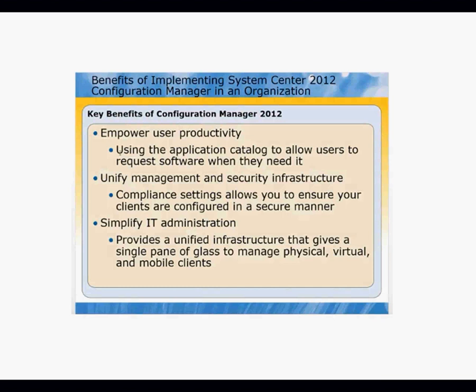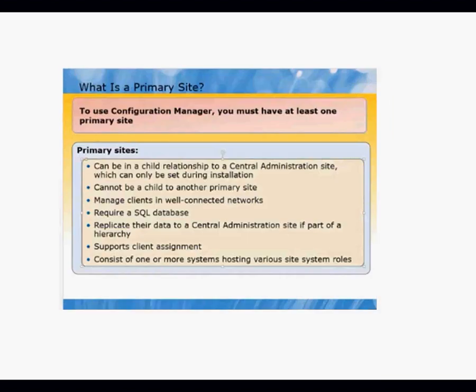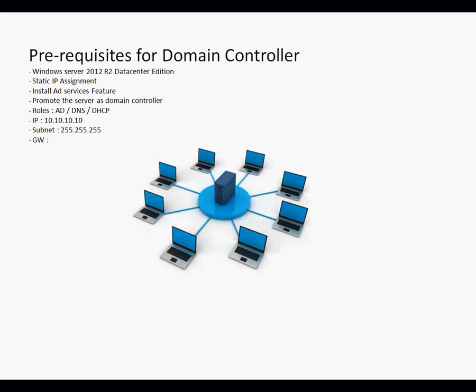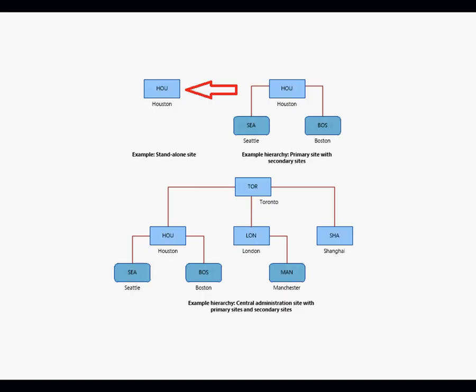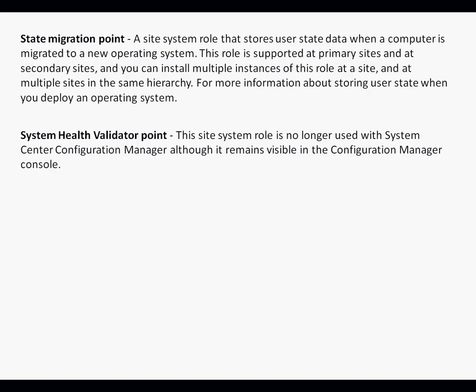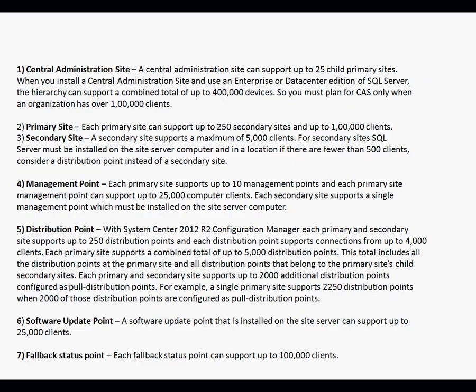Okay, so good. We have this benefit now. Now, SCCM works with sites and site roles. So SCCM has three major sites: central administration site, primary site, and secondary site.